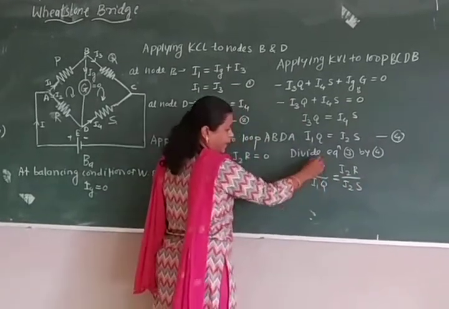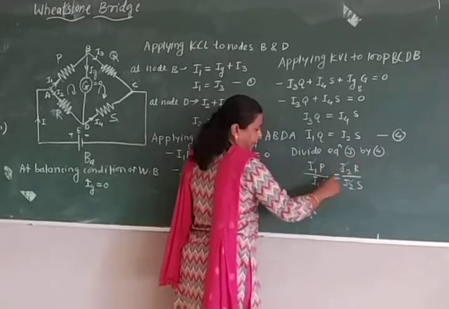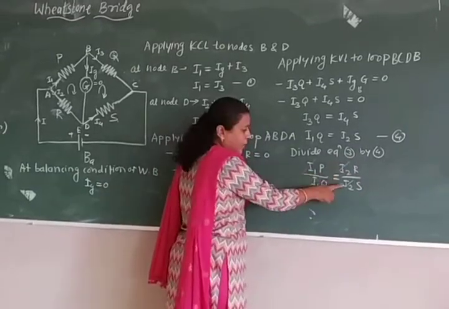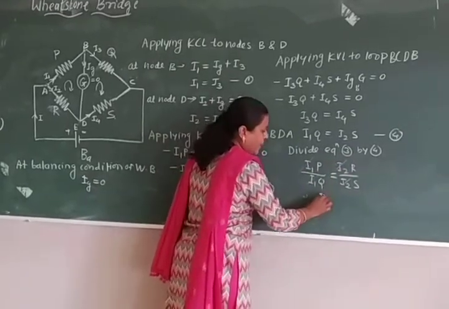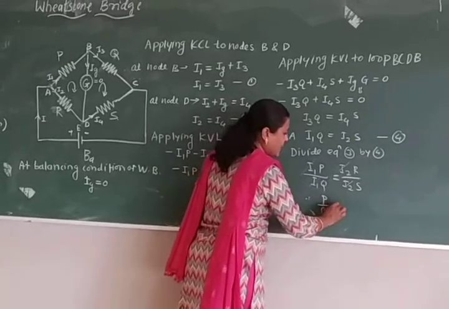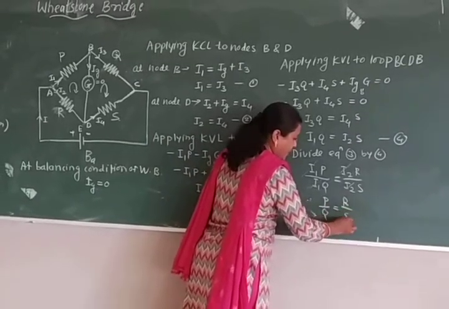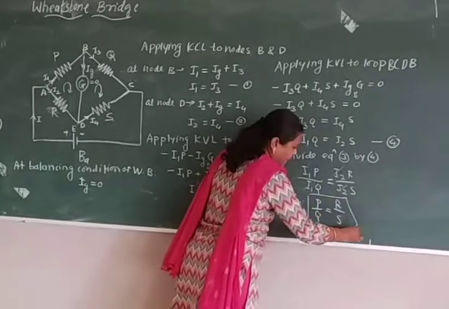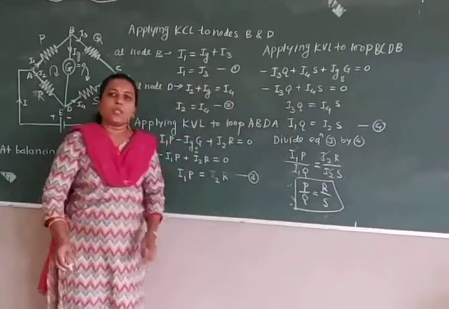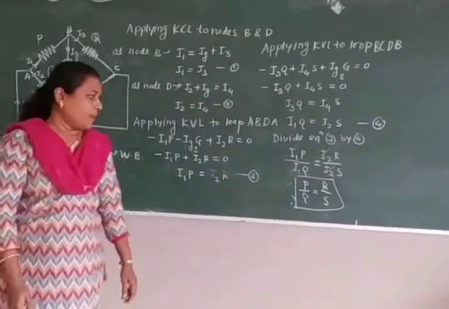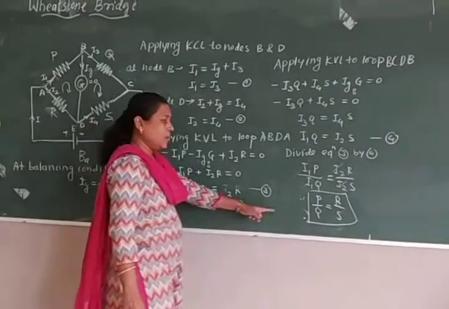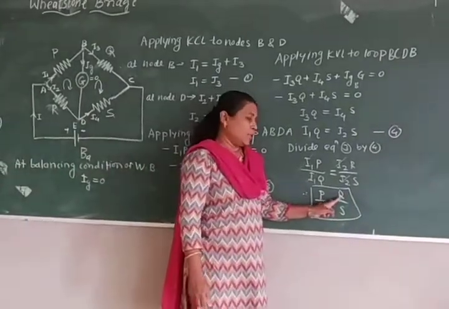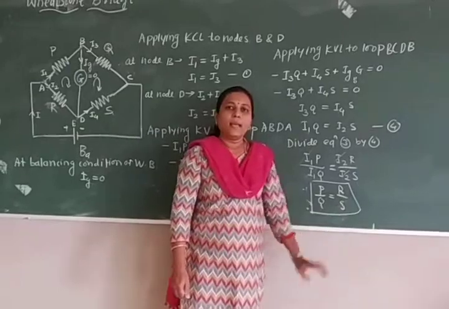If you simplify this, I1 gets cancelled, I2 gets cancelled, and we get P by Q is equal to R by S. And this is the balancing condition of the Wheatstone's network. The ratio of the resistances P and Q is equal to the ratio of resistances R and S.